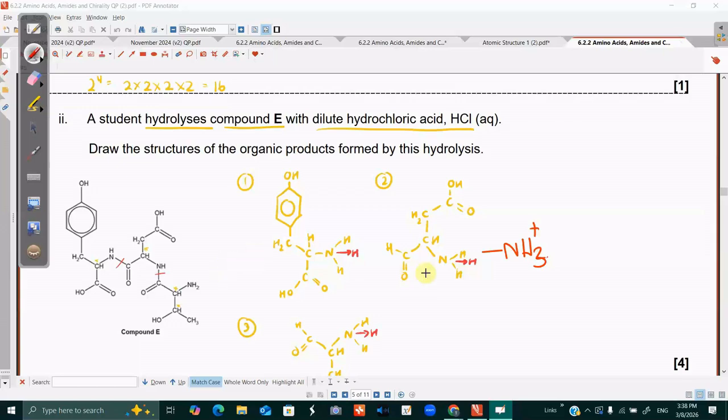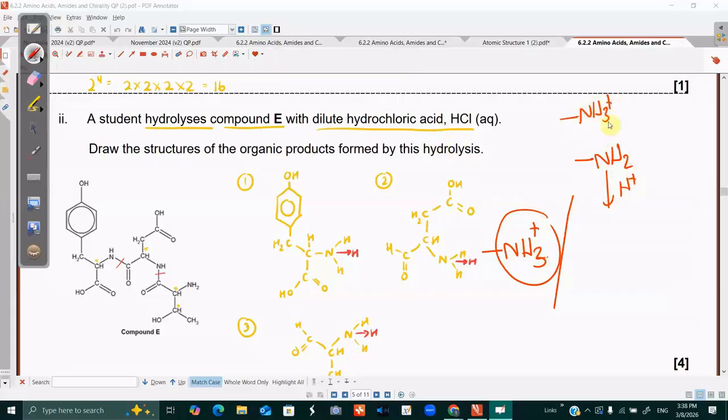But remember, in the marking schemes, usually you will get marks either way, because to get this protonated, there must be excess H pluses, right? So we are not so sure whether they have excess H pluses or not. So both the answers are usually accepted, right?